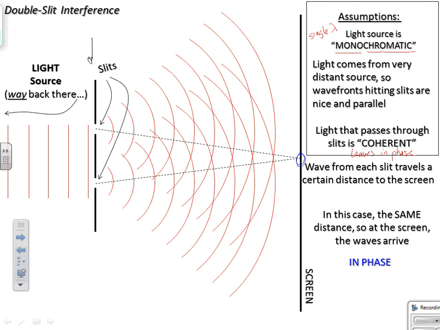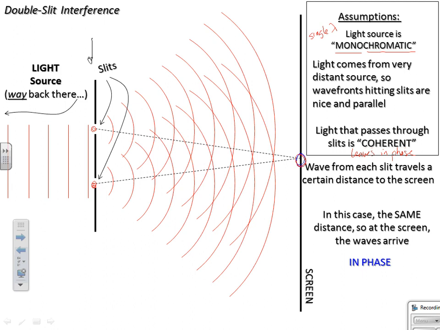And if that happens, well, they started here and here in phase. They traveled the same exact distance to get to here. That means they better arrive there in phase. Okay? It's kind of like saying if two of us have the same exact stride length, and we say ready, set, go, and we both start walking and step with our right foot.